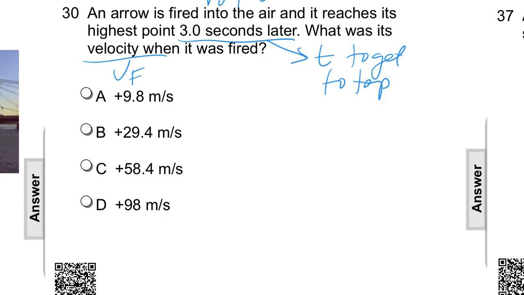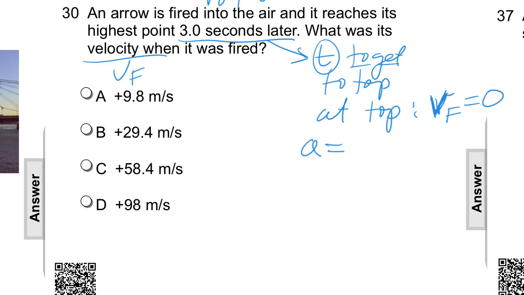And at the top, you gotta realize something. What's the speed at the top? Let's call it VF. It's 0, because you have to stop and turn around. Okay, so we got, and then don't forget A is equal to G is negative 10.